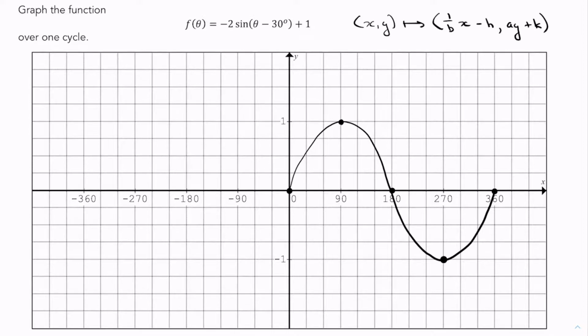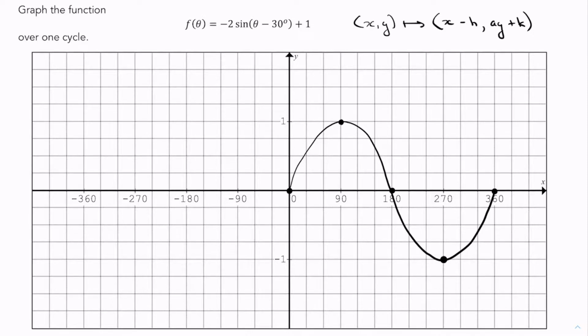Now in this case, there is no b value. There's nothing multiplied by theta in front. So I'm going to simplify this, take that out, and this will be the mapping notation we're going to be using.